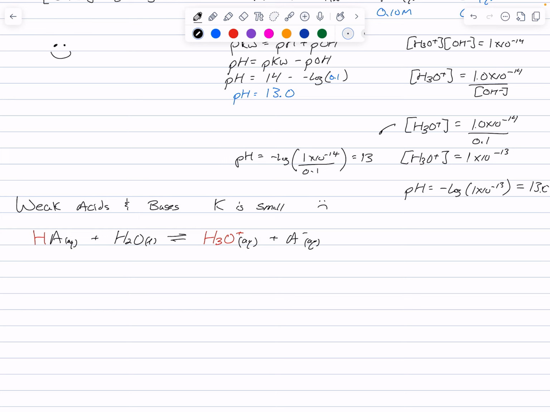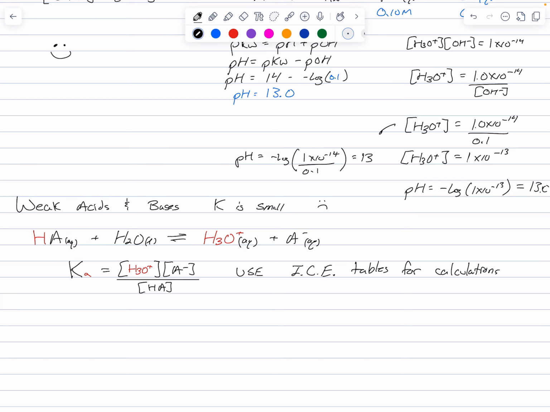Ka for the acid is equal to the concentration of hydronium times the concentration of A minus, all over the concentration of your acid. And you have to use your ICE tables that we learned in the previous chapter for calculations.